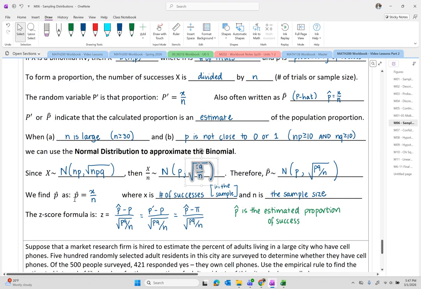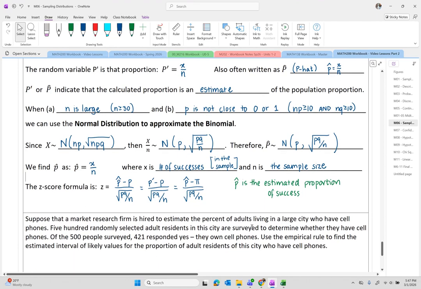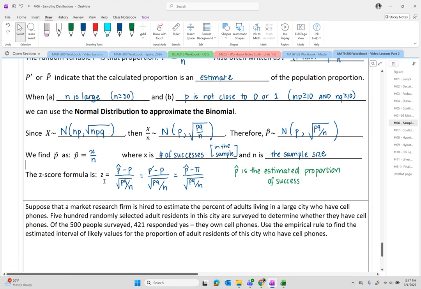So, P hat again, we will find it as the quotient of the number of successes in the sample divided by the sample size. P hat will be the estimated proportion of success, and the z-score formula will be your P hat or P prime minus the mean, which is the probability, the proportion in the population, divided by the standard deviation.